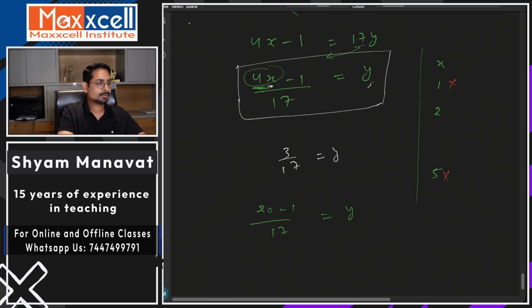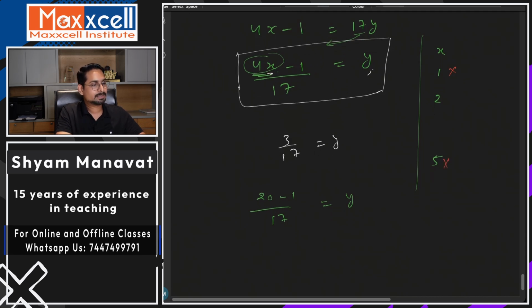Let's try for 34. 35 minus 1. That's also not possible. Then let's go for the next multiple of 17, which is 34. Not working. Then 51, 52. Yeah, this may work.